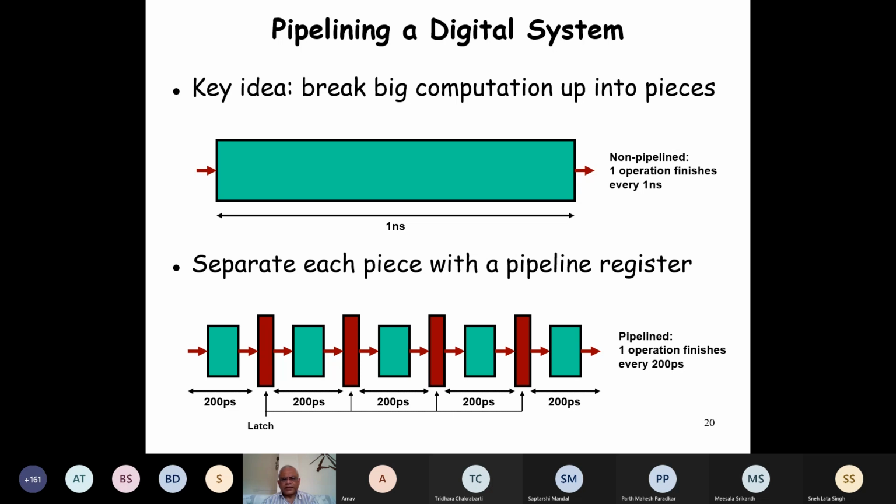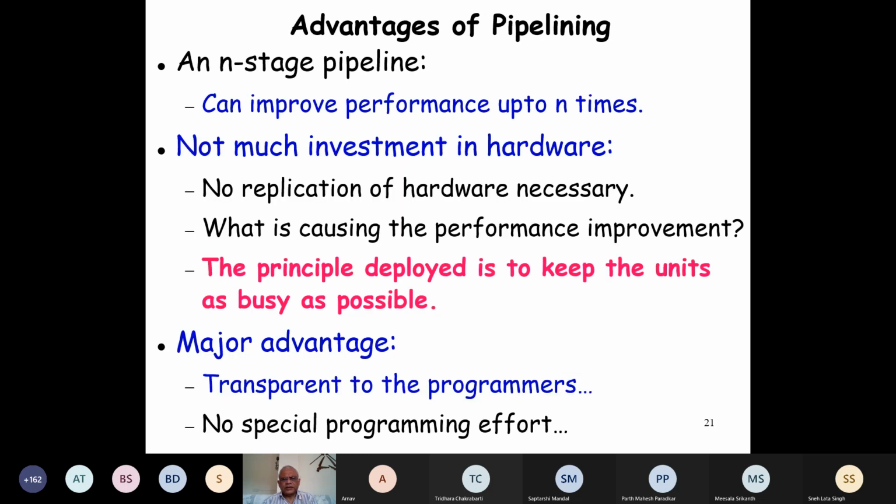We call these the pipeline registers. This is one small example of the invisible registers. We said that there are thousands of invisible registers, and this is one of them, registers in between these small units. And the advantage of pipelining.